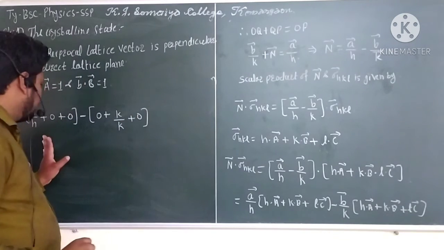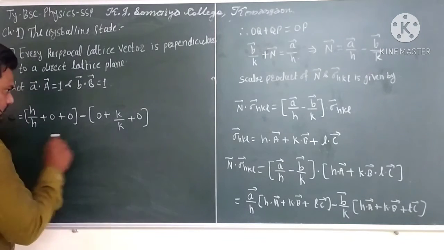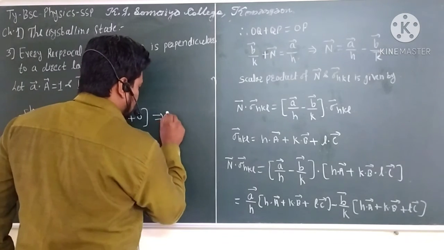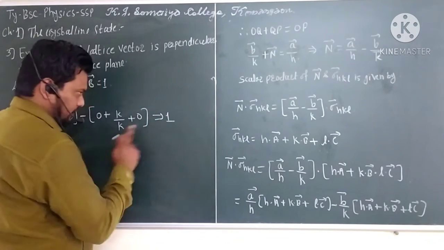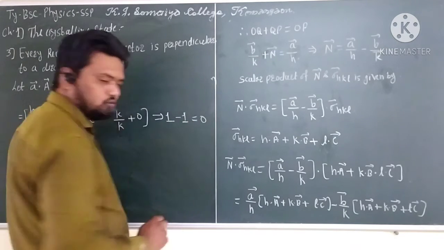And h by h is nothing but 1, and k by k is 1, and this is equal to 0.